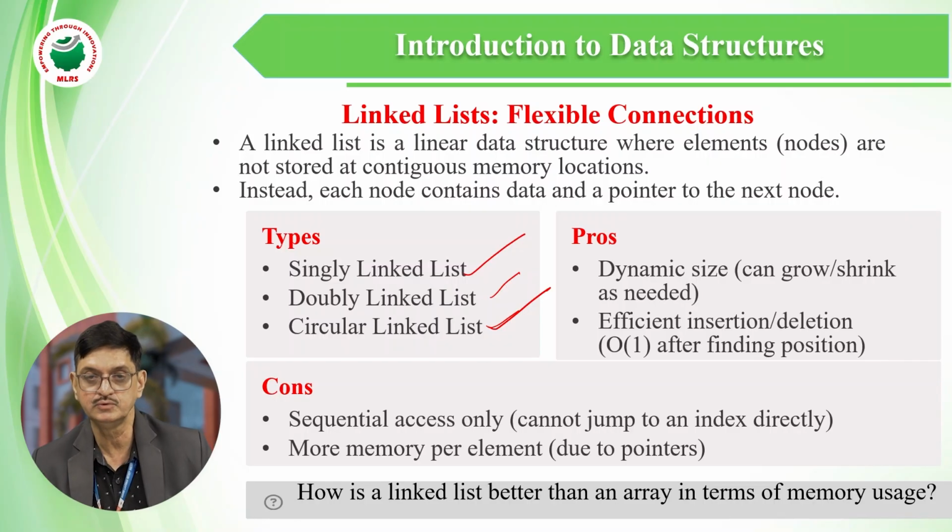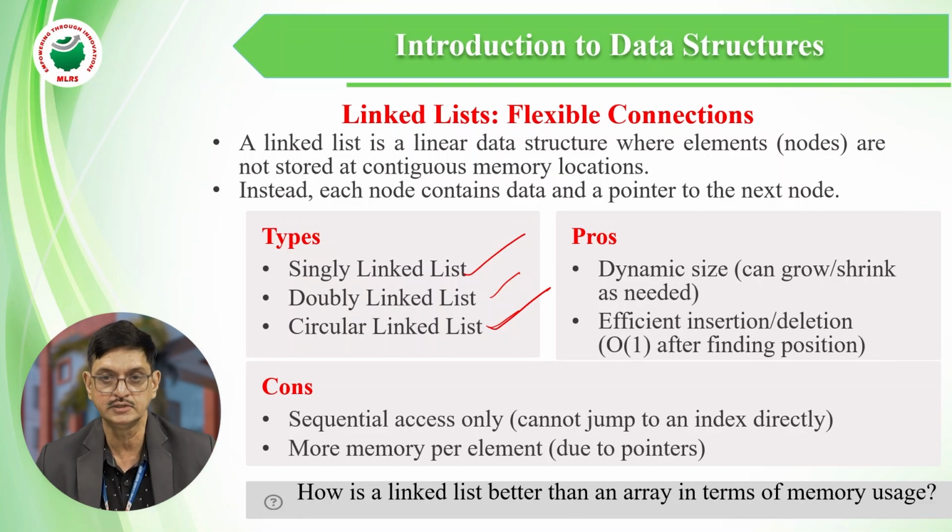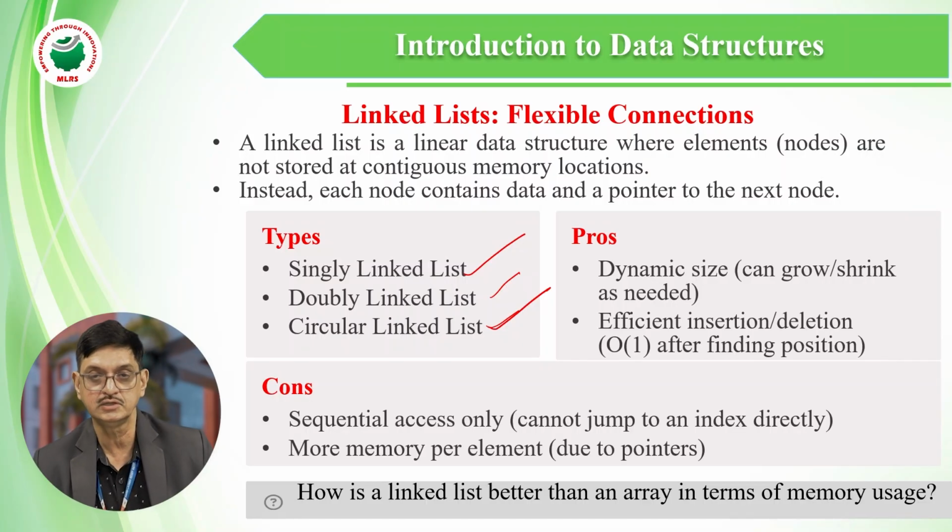In the previous two linked lists, we can move from the first element to the last element, but once we reach the last element, we can't move directly back to the first element. Whereas in a circular linked list, we can move to the last element and come back to the first element. So this is the difference between arrays and linked lists.